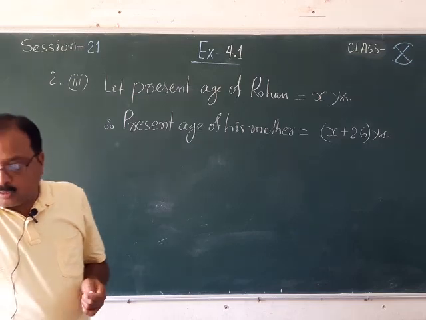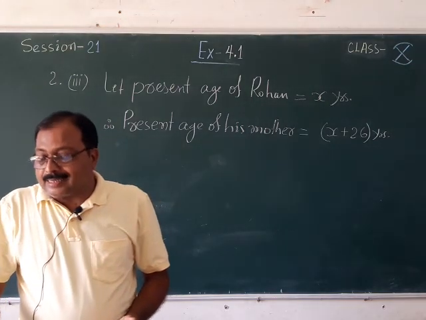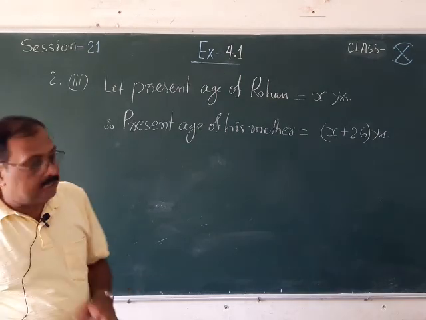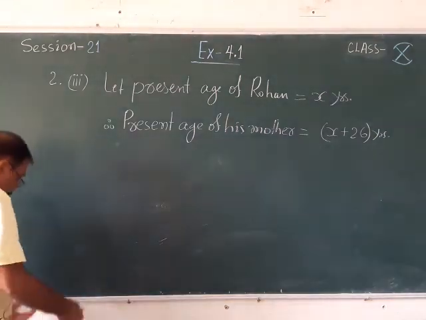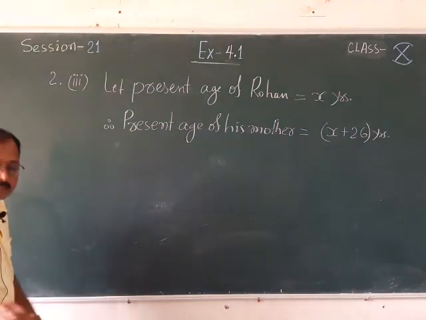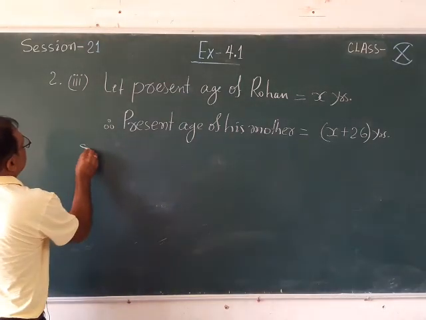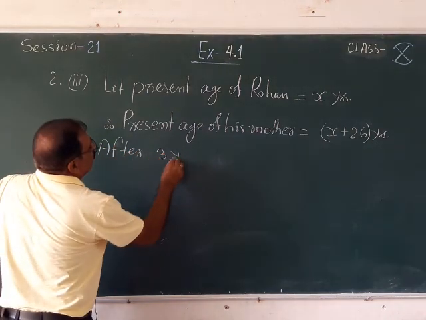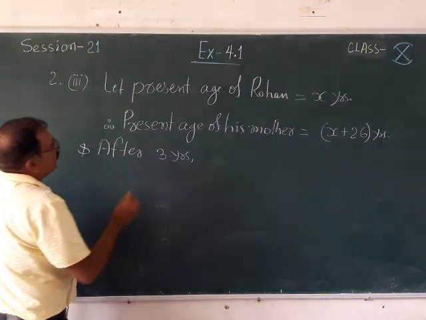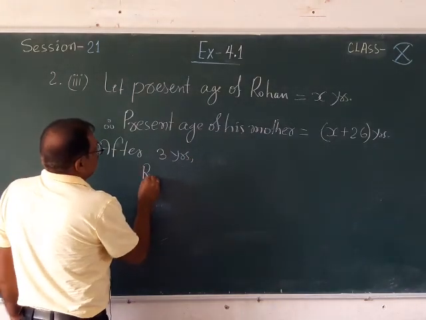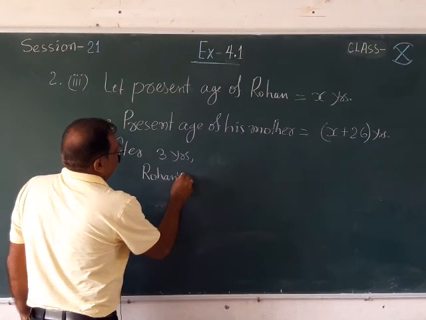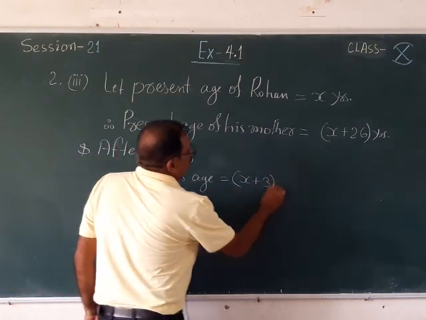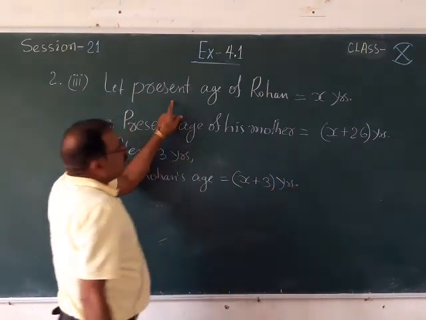Now it has been told that the product of their ages 3 years from now will be 360. That means after 3 years, what situation comes? Rohan's age will be x plus 3 years, as Rohan's present age is x years.